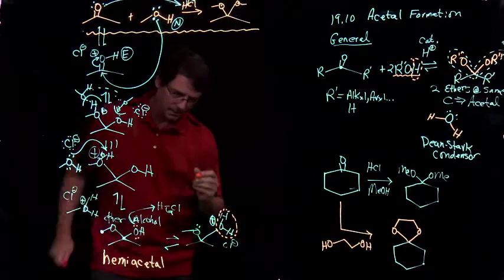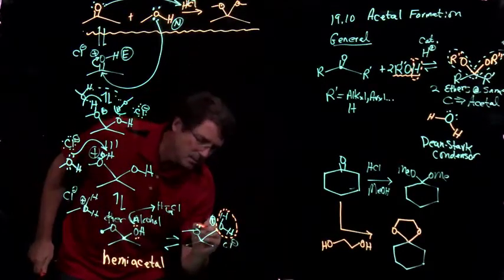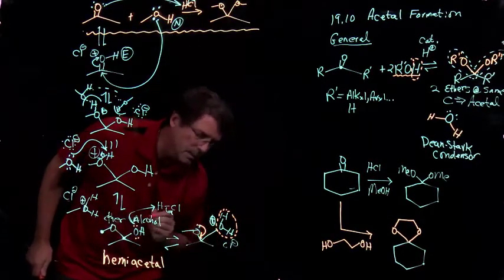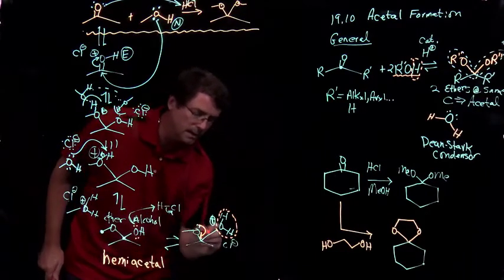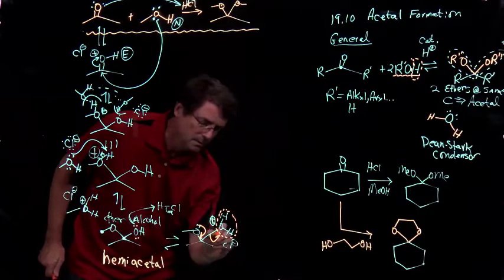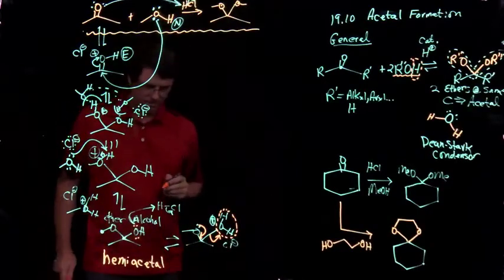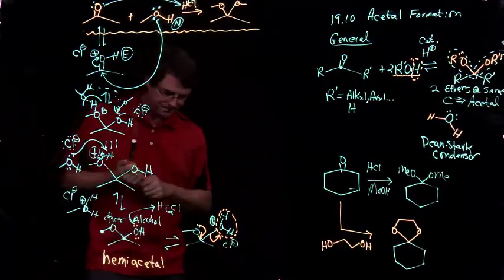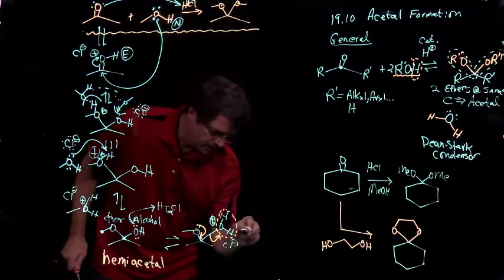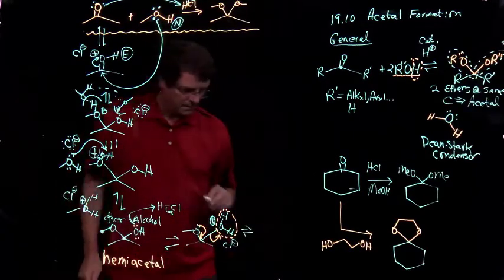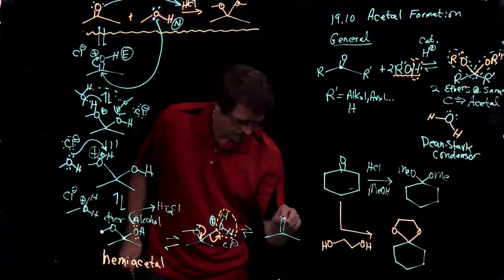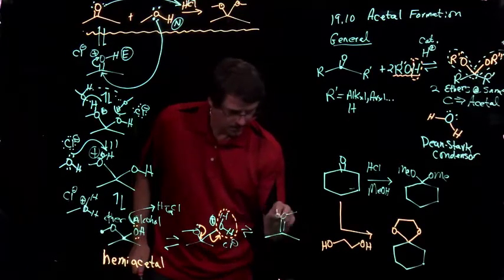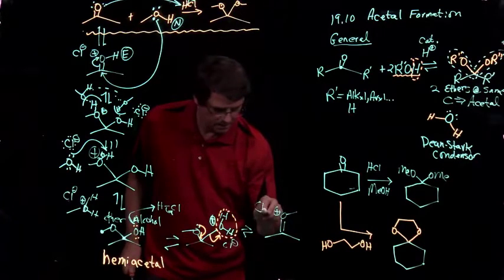That's the way I like to characterize it. This lone pair from the ether oxygen can come down. Of course, that carbon can't have more than 8 electrons. So that carbon-oxygen bond has to break. Again, this is a reversible reaction.